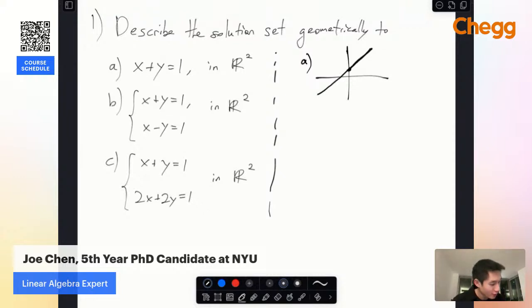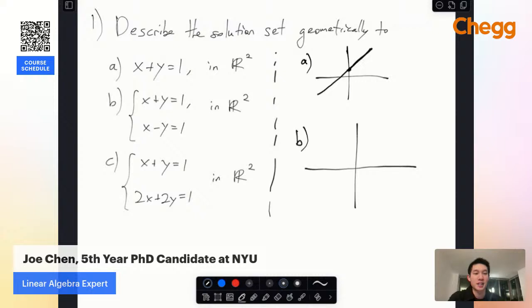Okay, and then for part B, we have x plus y equals 1 and a second line, x minus y equals 1. Before I draw this, maybe you have a guess as to what the solution set to both of these equations looks like. If you do, you can type it in the chat.